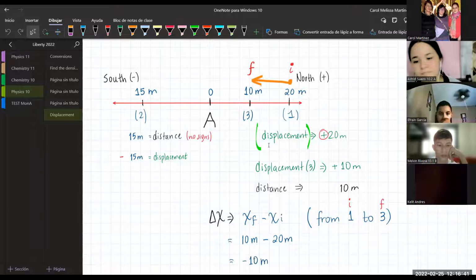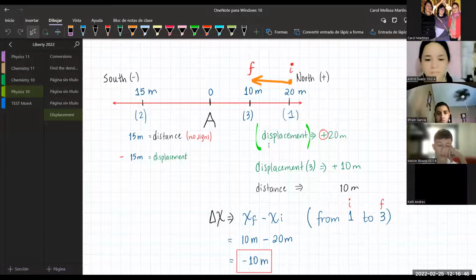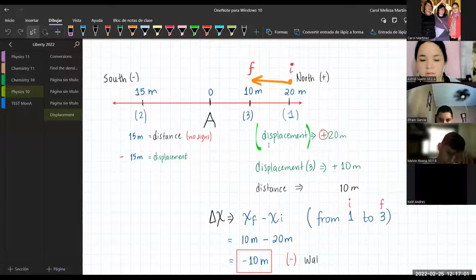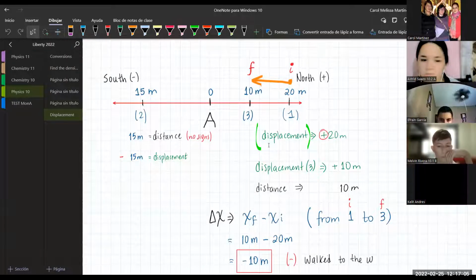What does this negative 10 mean? Where did the person walk? To the right or to the left? Walked to the left, which is west. The negative, in this case, means that the person walked to the west, which represents a negative direction.